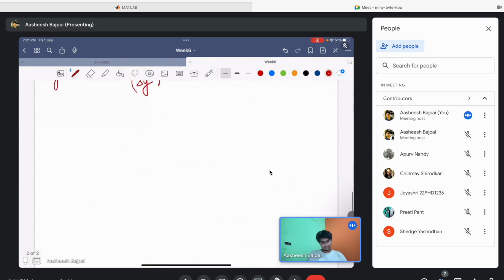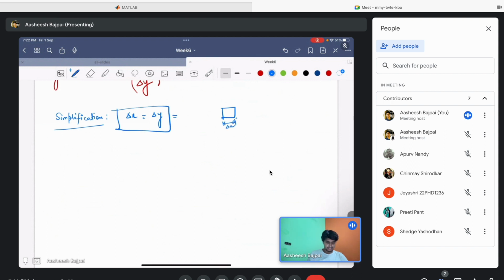I am taking one assumption, or one simplification: delta x is equal to delta y, which means we have a square mesh, and delta x and delta y are constant here.